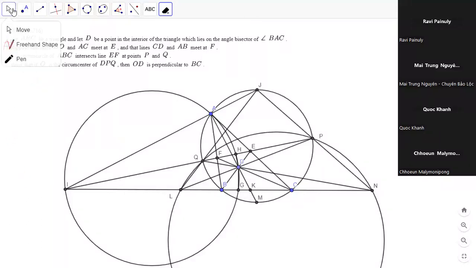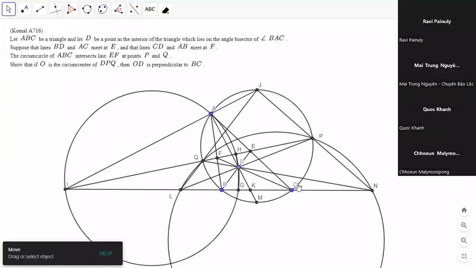So a root BC inversion followed by reflection would swap B and C, right? And we think it would also swap Q and N, is what you're saying. So it would take D to a certain point. E and F might be a little tricky. It would take the circle to itself.